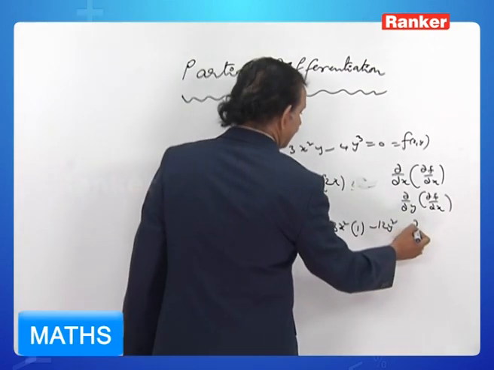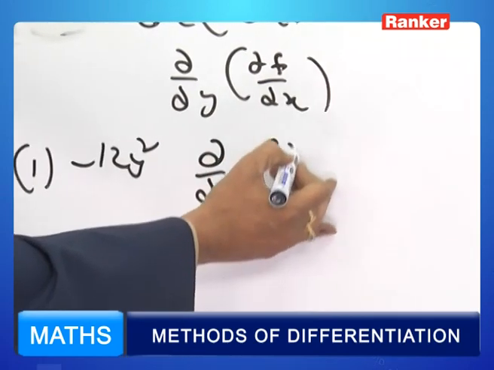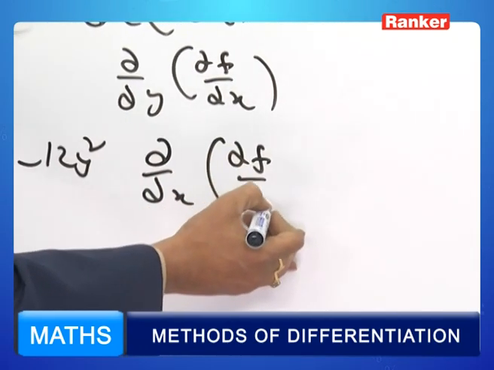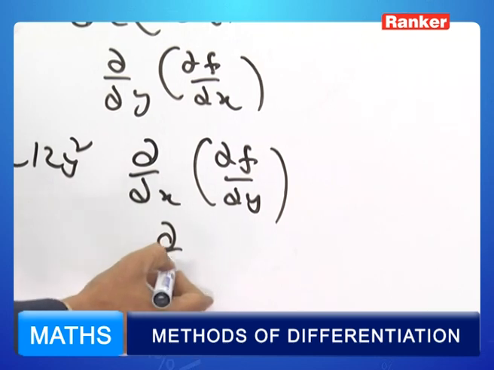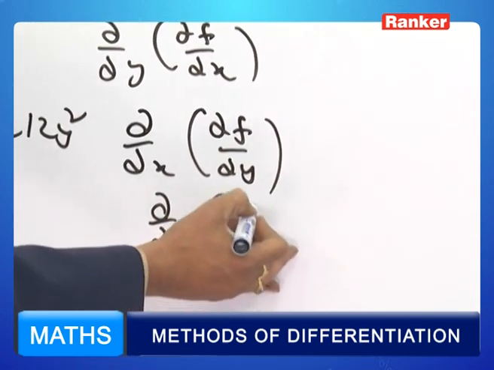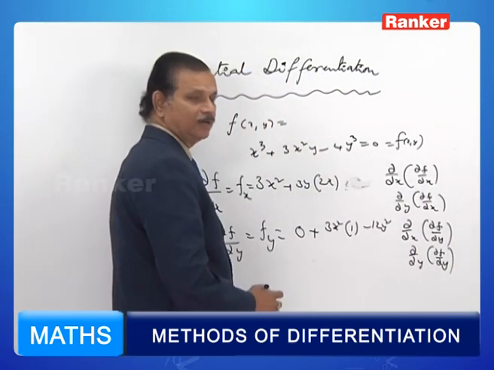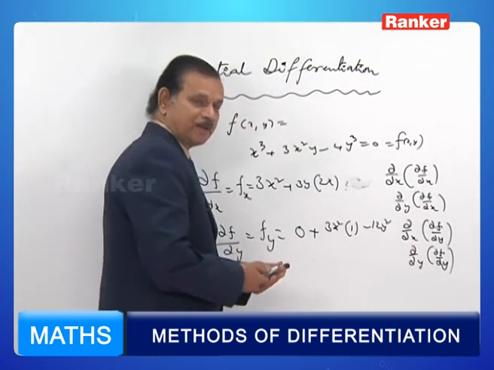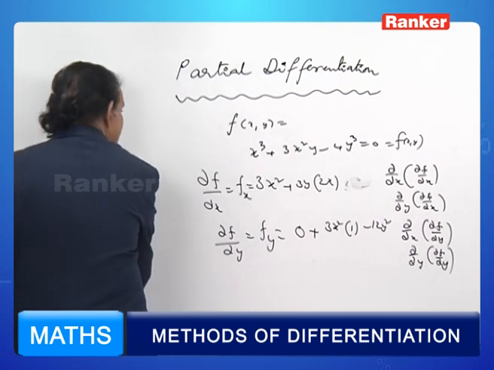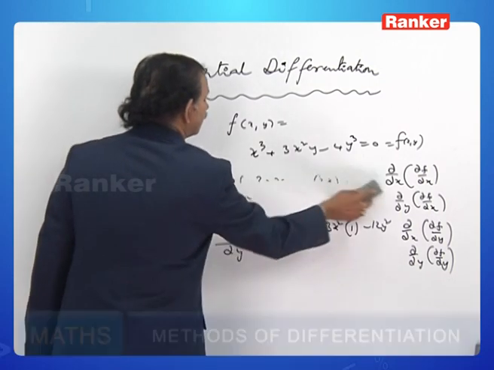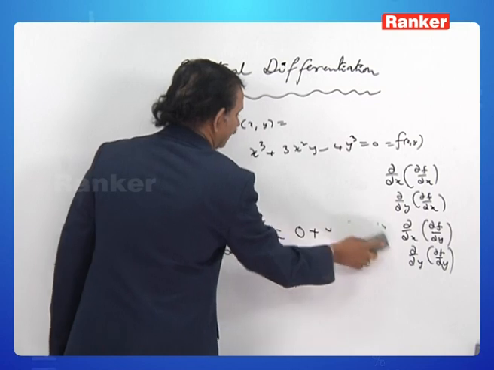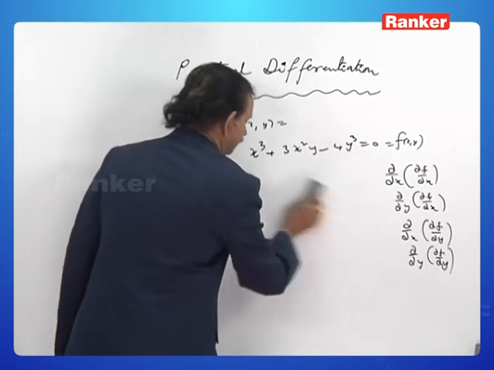Similarly, dou by dou x of dou f by dou y. Dou by dou y of dou f by dou y. Like that you will be able to explain. But let us first know the symbolism, and then later on we shall make use of those things in our numerical problems.